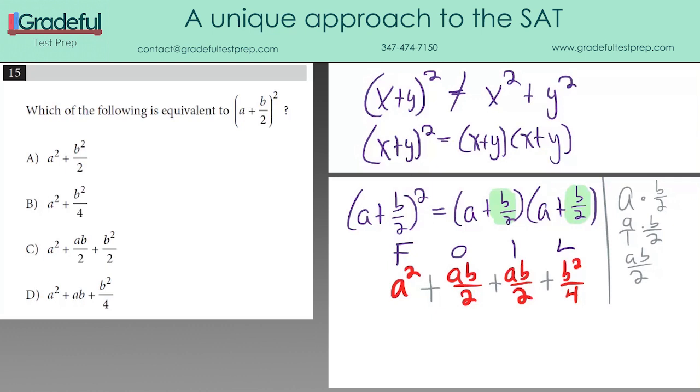And the only confusing part here is that the ab over 2 plus ab over 2 would become 2ab over 2. And then that would simplify because the 2's would cancel, and we would just have ab for that middle term. So that'll give us a squared plus ab plus b squared over 4. And that exactly matches answer choice D for number 15.